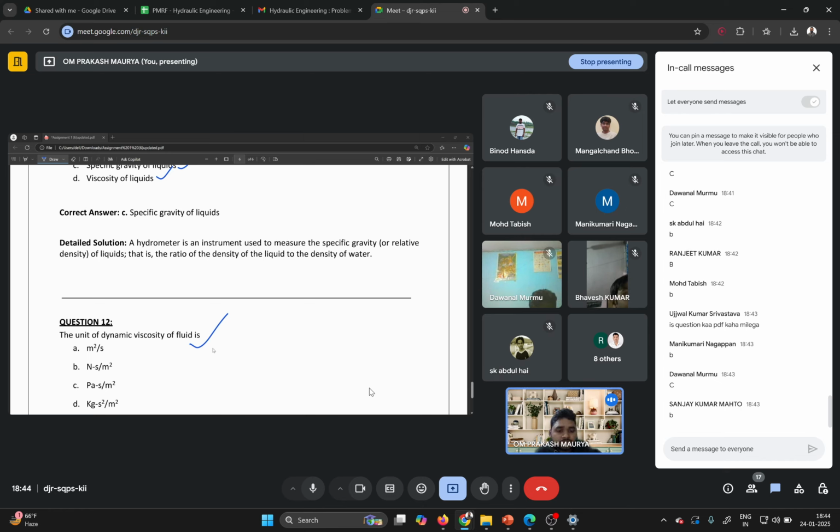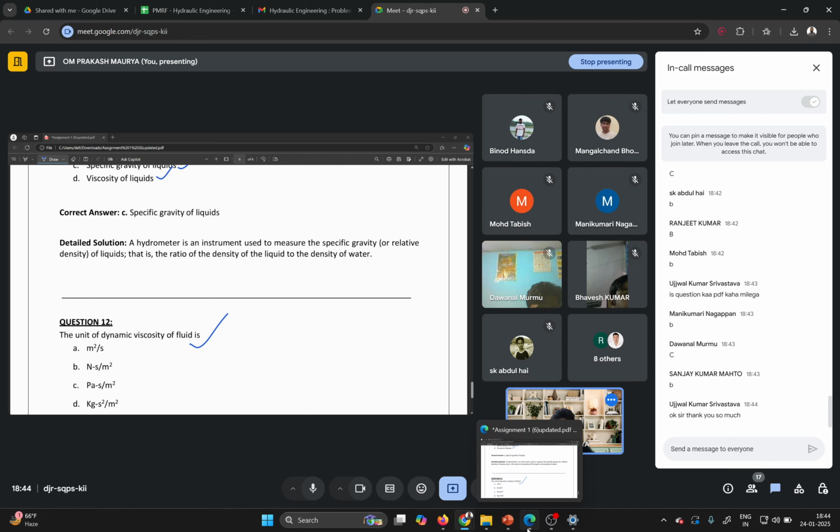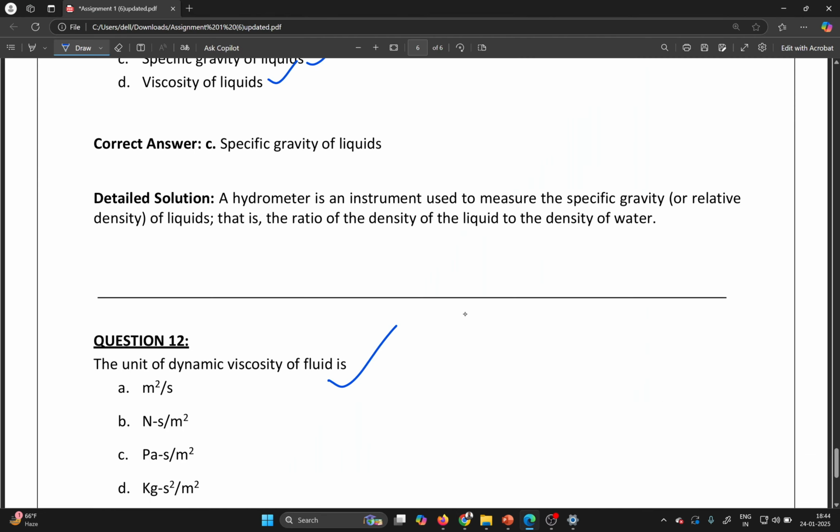Okay, most of the students are telling B. For a few students, I want to discuss this question, how you will calculate the unit of dynamic viscosity. So everyone knows your dynamic viscosity is related like that, with du by dy.